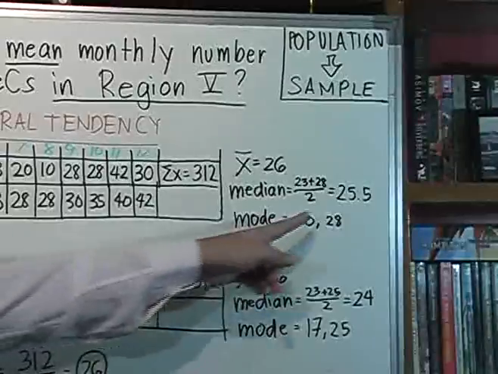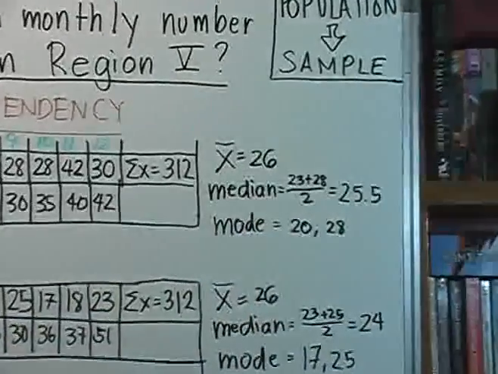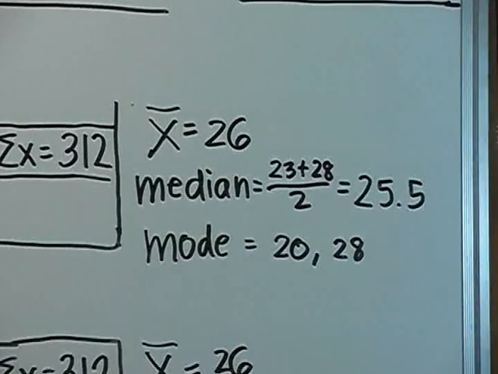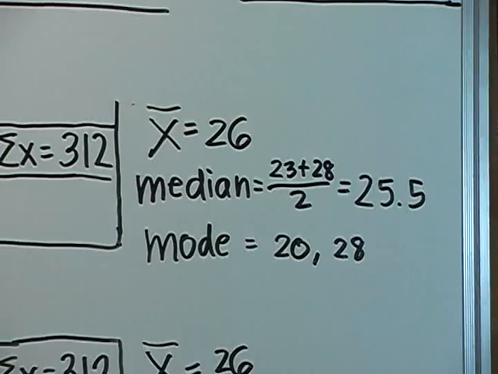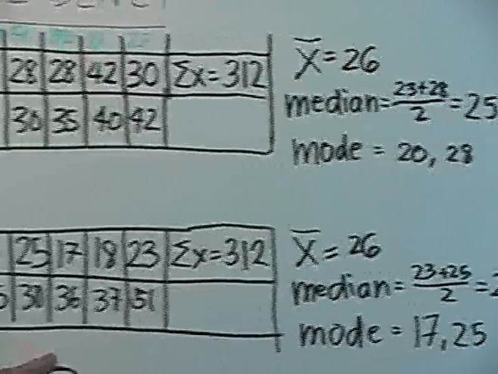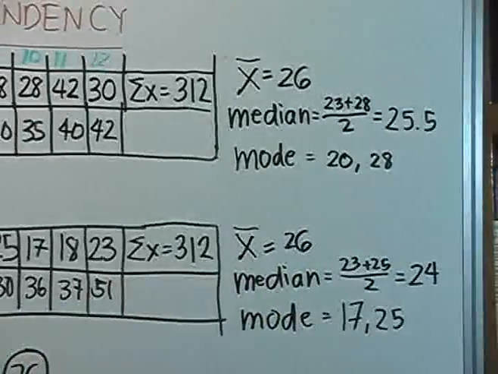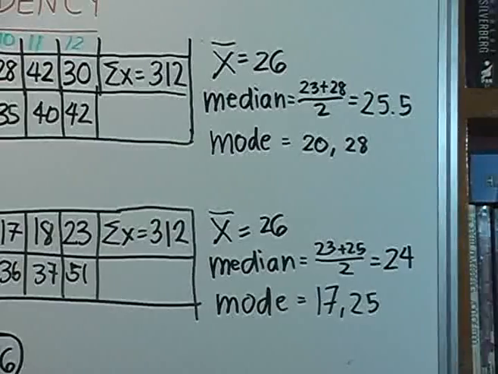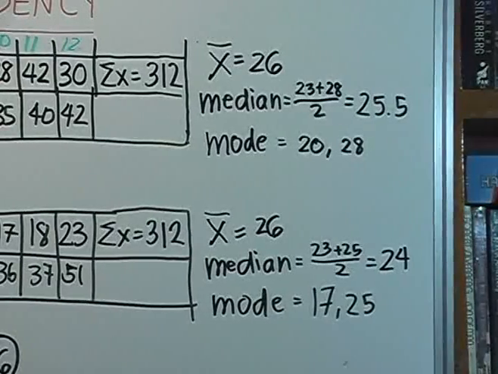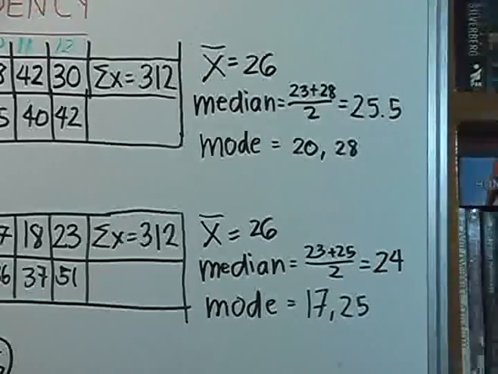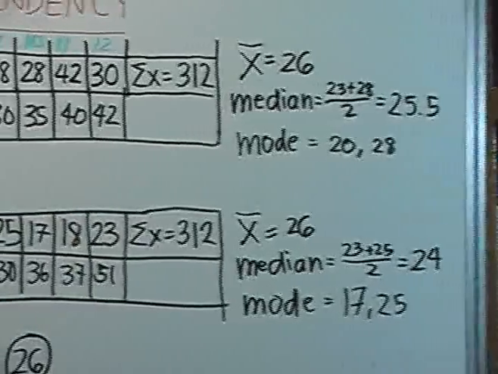The median for CEC-A is 25.5, meaning the median monthly number of customers is 25.5 for CEC-A. If you do the same thing for CEC-B, the median, 23 plus 25 divided by 2, is 24, right?